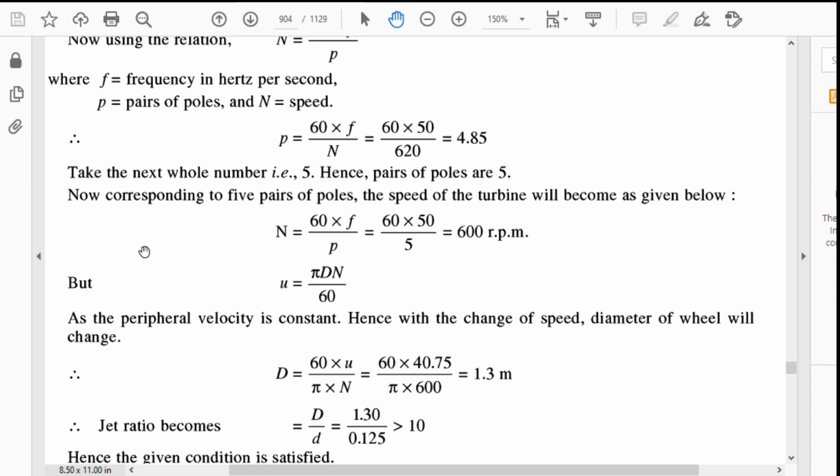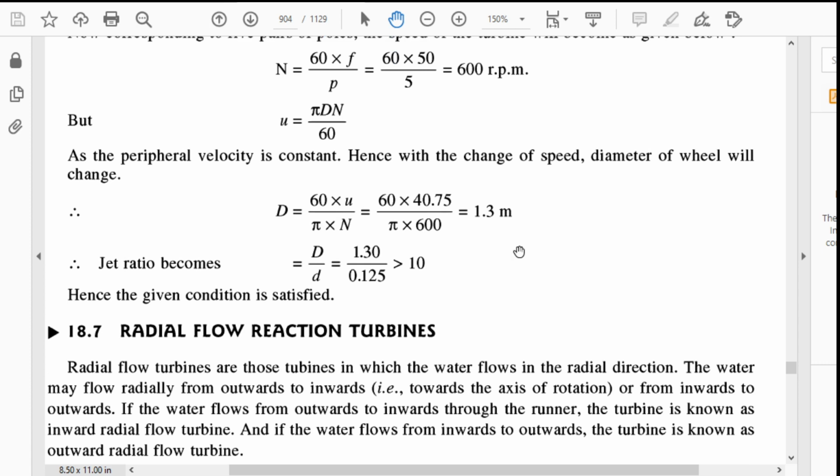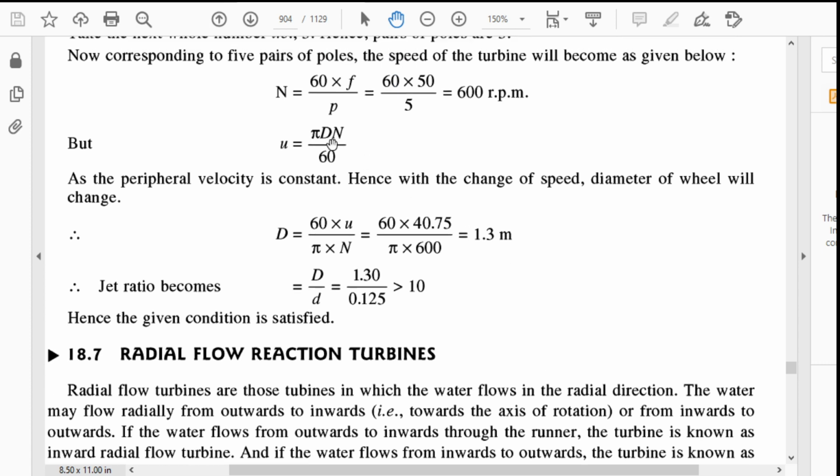Now corresponding to these 5 pairs of poles, the speed of this turbine will become 60 f upon the pair of poles, so it will become 600 rpm. Previously it was obtained as 620, and corresponding to 5 pairs of poles it will become 600 rpm.